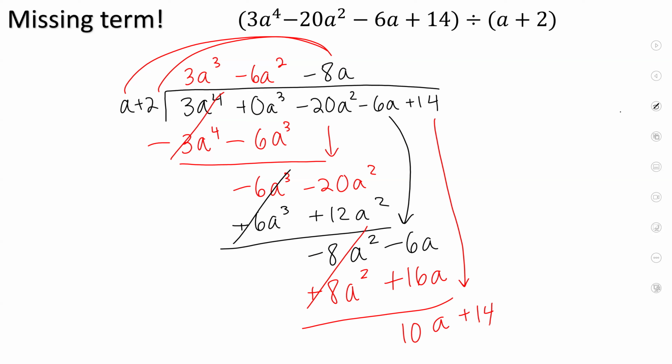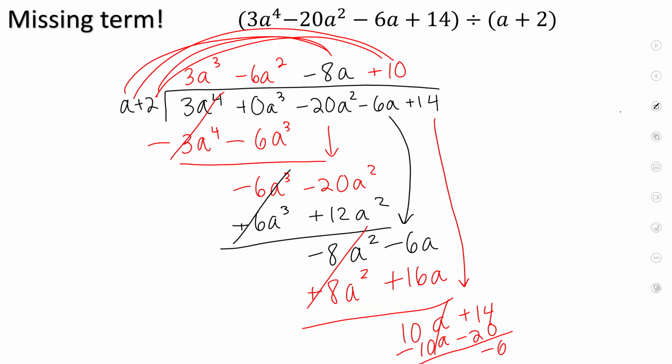Okay, and what'd you guys put? A times what will give you 10a? Good, 10. And we multiply, so 10 times a, that's 10a. 2 times 10 is 20, and you change the signs. That cancels out. 14 minus 20 is -6.